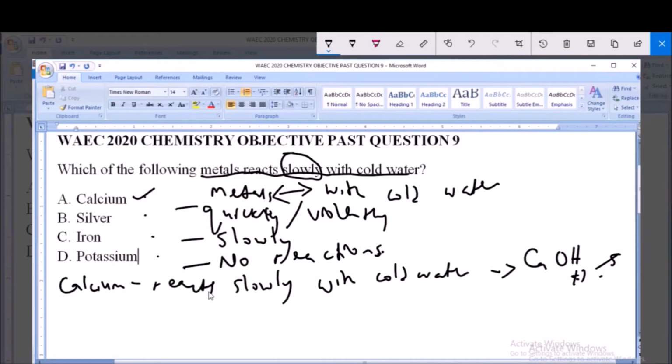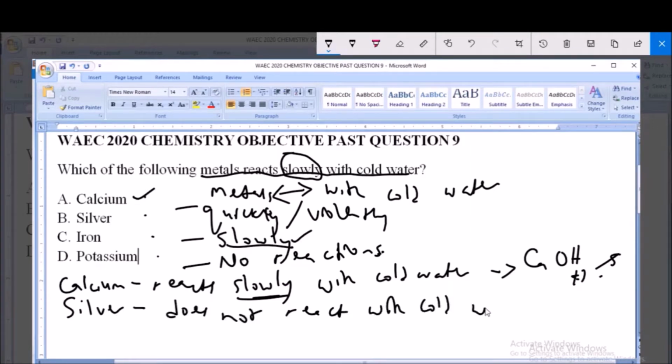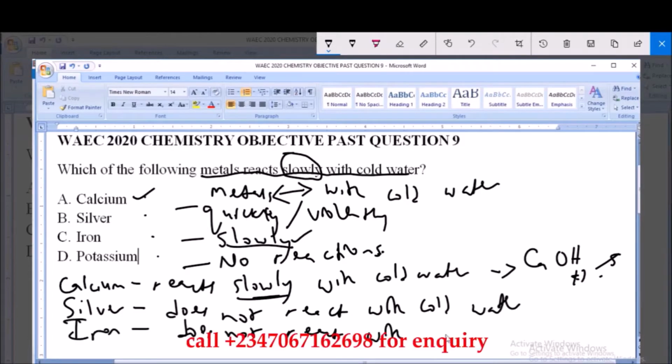Now option B, silver, does not react with cold water. Iron as well does not react with cold water.